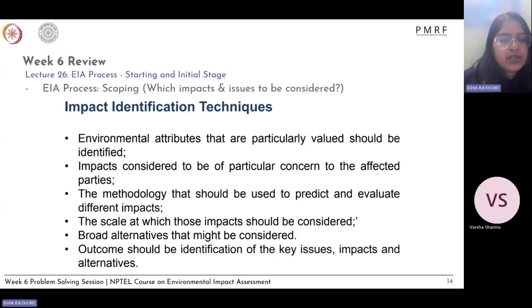And then you give outcomes in the case of identification of key issues, impacts, and alternatives. This is the part which you put in the report: this is the impact we identified on this environmental parameter, these are the few mitigation measures which we have suggested, and this impact was significant or of low significance.